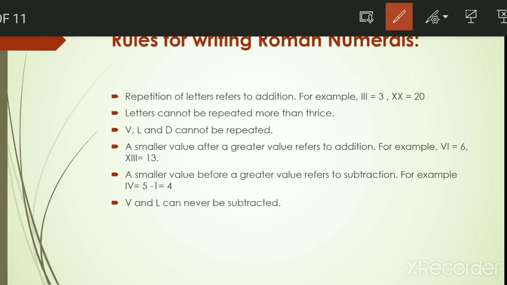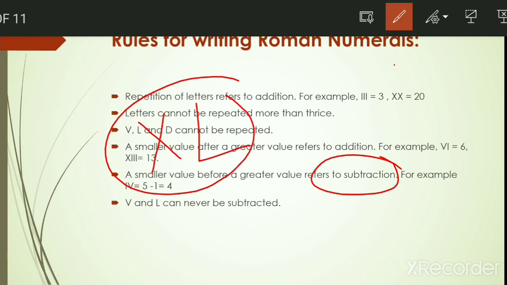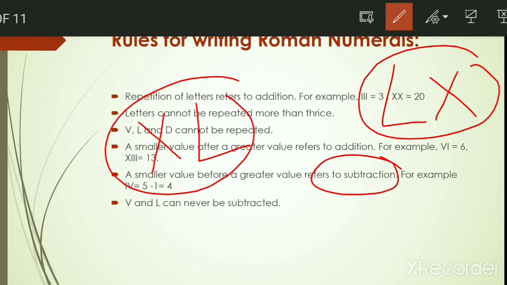Now coming to the next, a smaller value before the greater value means subtraction. Let's see how. Again I'm writing a greater value, but this time I'm not going to write the smaller value after the greater, but before the greater number. So like this, XL. Now this is different from LX. How is this different? This means subtraction of the smaller value from the greater value, and LX means addition of the smaller value to the greater value.